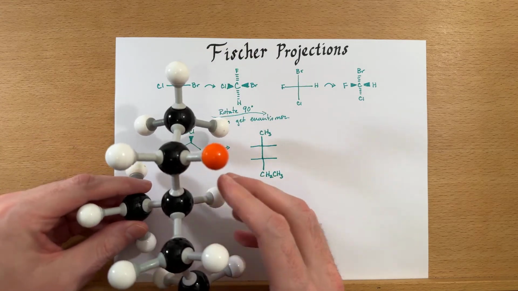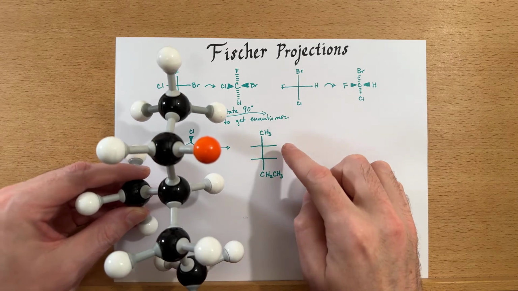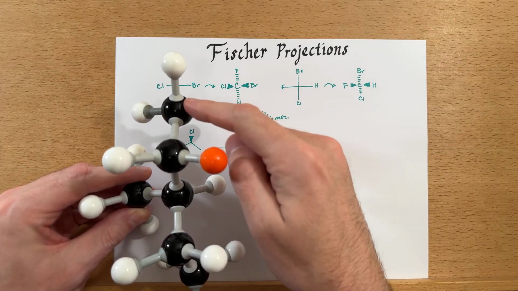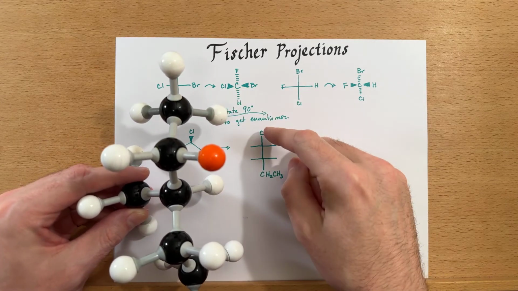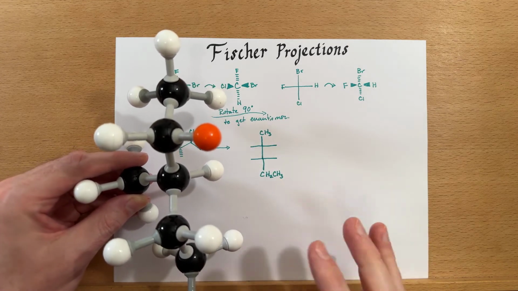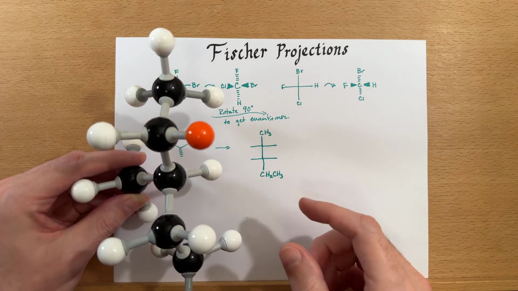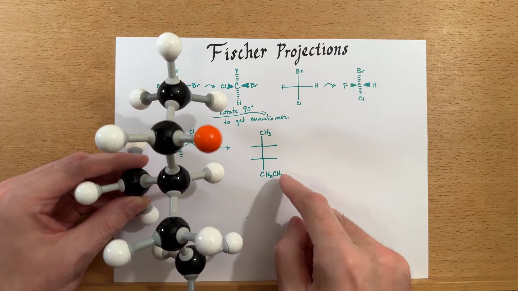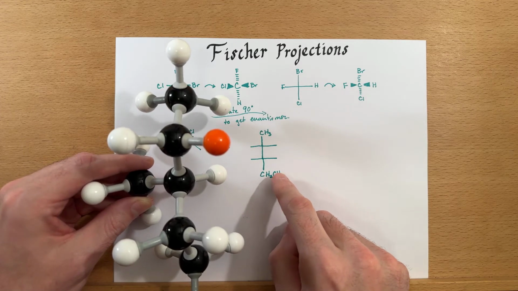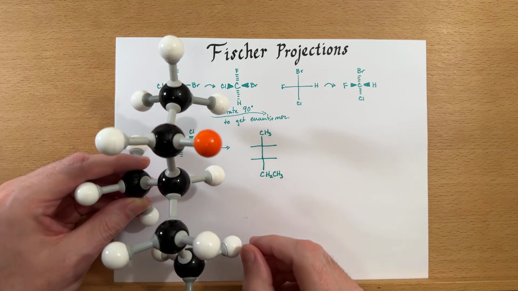I will orient this as I've drawn it here, putting the methyl group, carbon number 1, up at the top and the others down at the bottom. It's not important to orient it whichever way. This is just how I chose to do it. You could write the CH2CH3 up at the top and the CH3 down here. It really doesn't matter.